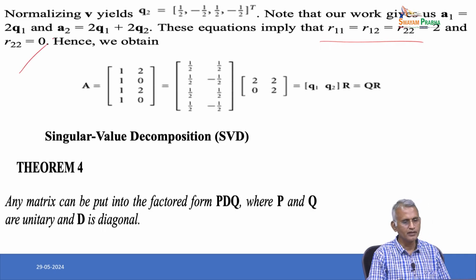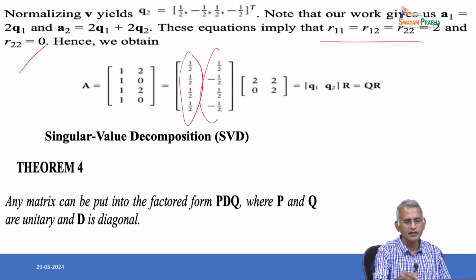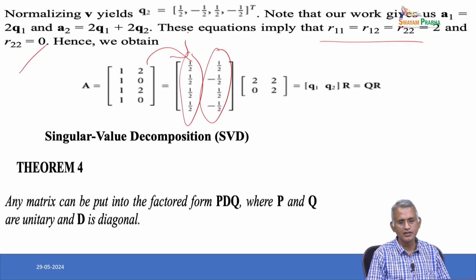Hence, we obtain the matrix corresponding to Q1 Q2, and if these two matrices are multiplied with the corresponding entries 2 2 0 2, then Q1 Q2 times R, that is QR, will be generated. So, this is a technique of QR decomposition.